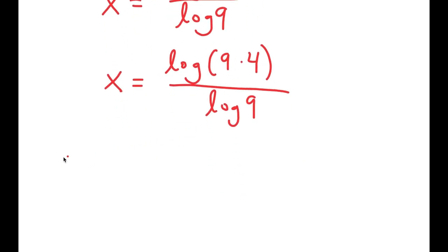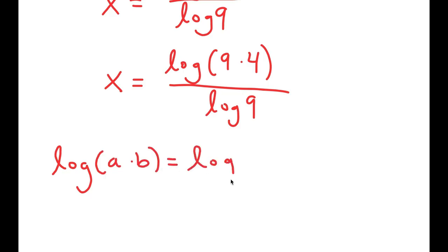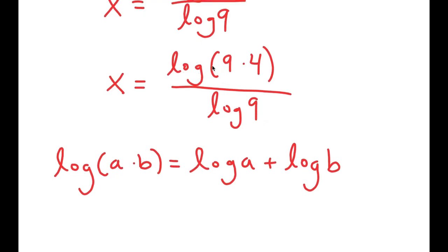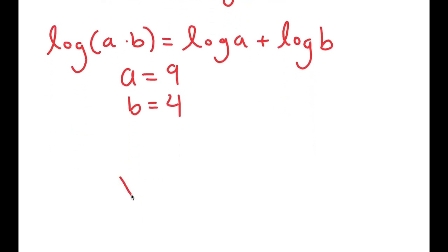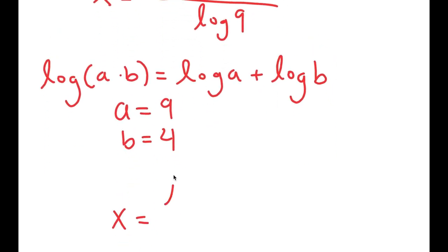Now I can use the property that states that if I have something in the form log a times b, this is equal to log a plus log b. In this case, I have log 9 times 4, and we can say that a is 9 and b is 4. So this turns into log of 9 plus log of 4.